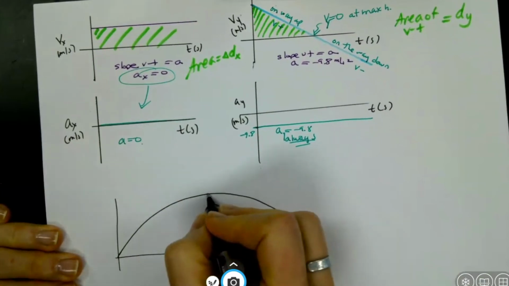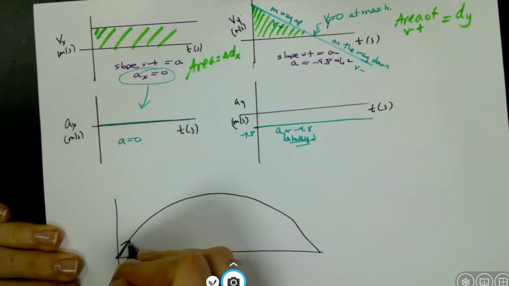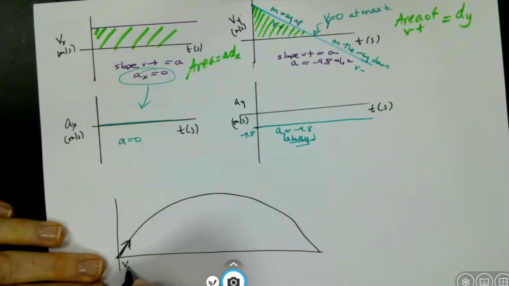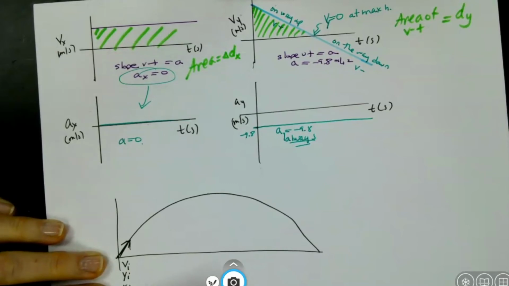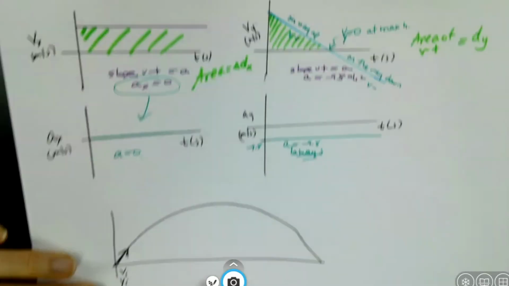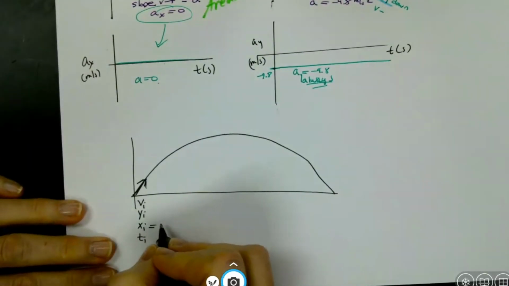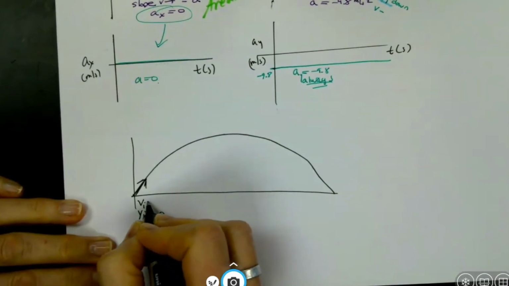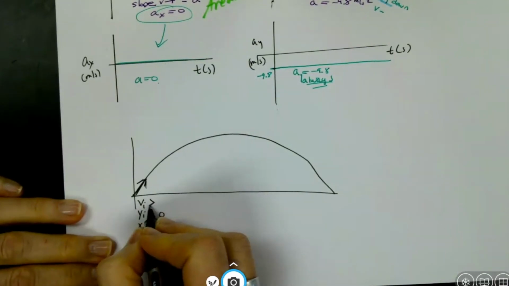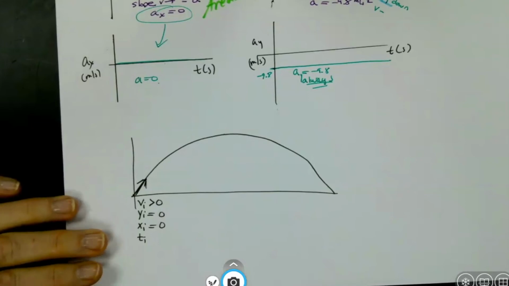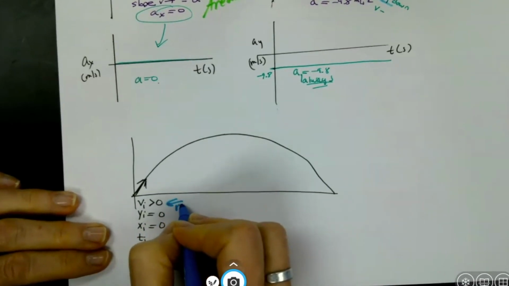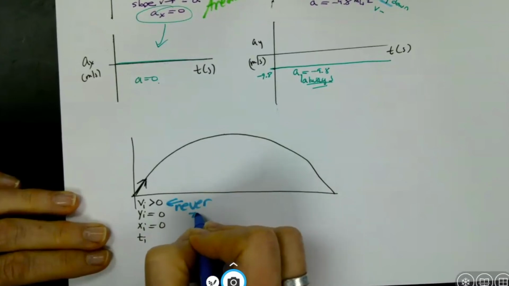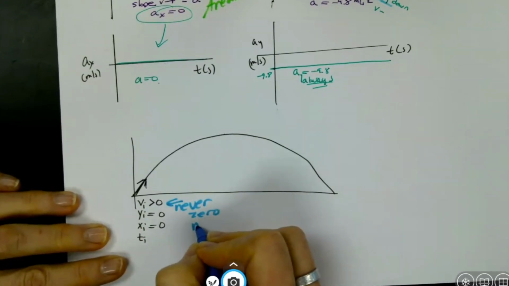So we would say here, if we're labeling, this is V initial, like either V0, right, Y. So you've got to have both X and Y while we're labeling. So this is 0, this is 0. This can never be 0. You may not have a projectile unless you have a launch speed. Always must be greater than 0.